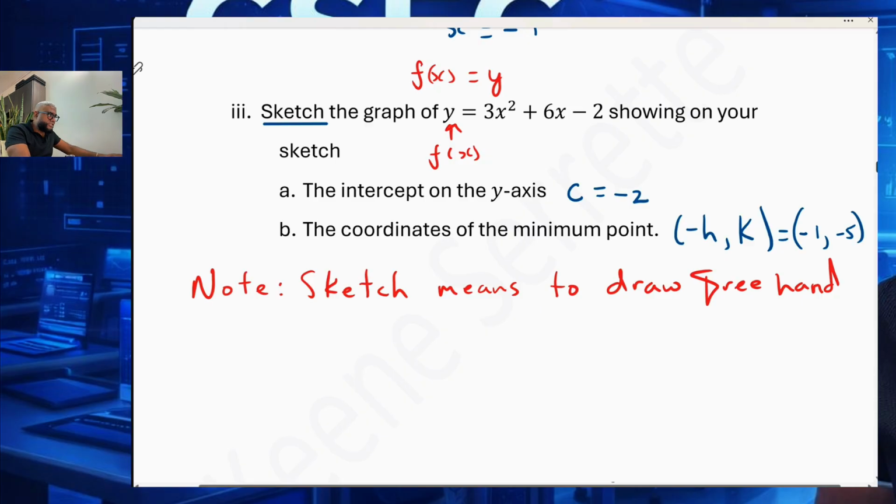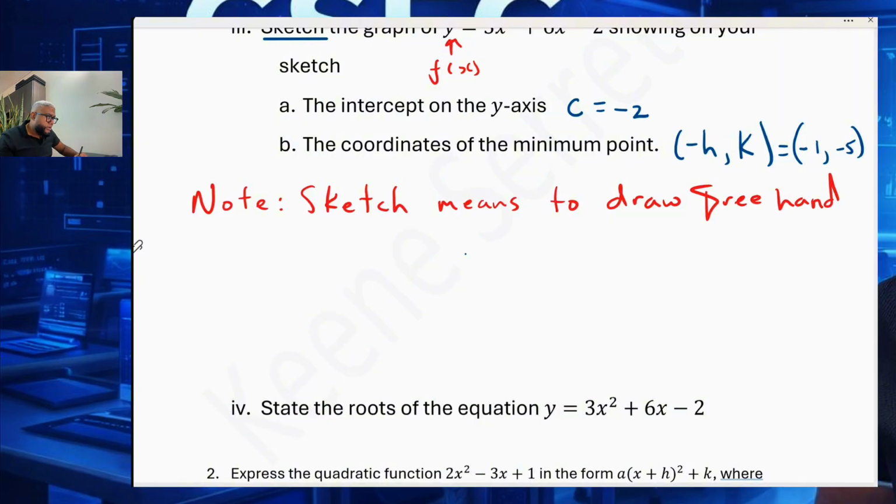So for your sketch, we go in: y-axis, boom. x-axis, bang. So I'm going to plot what we want to show. We basically want to show (-1, -5). -1 will be somewhere here.